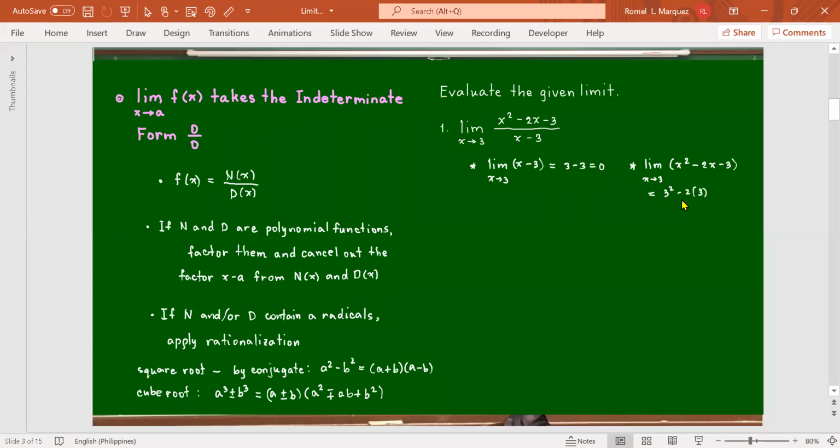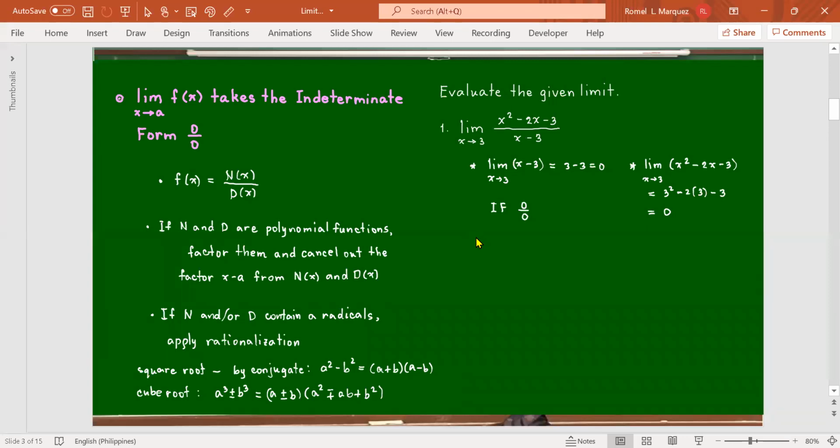So minus 2 times 3, then minus 3. So this is 0, no? So this means that this limit takes the indeterminate form 0 over 0. Okay, guys?